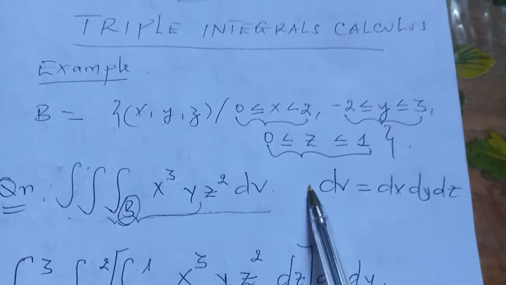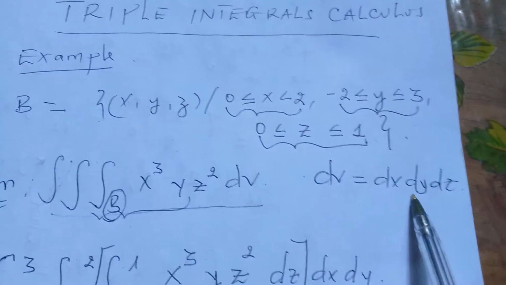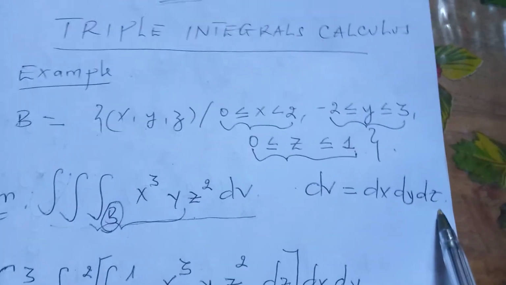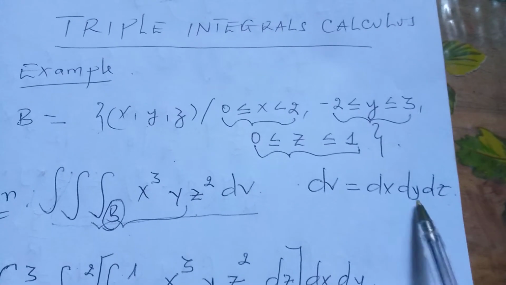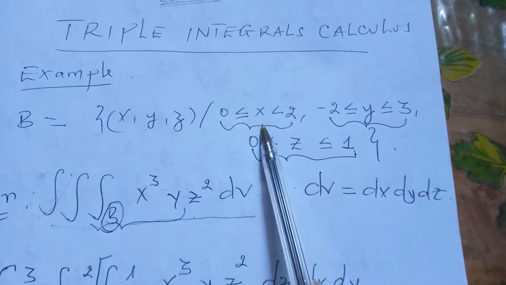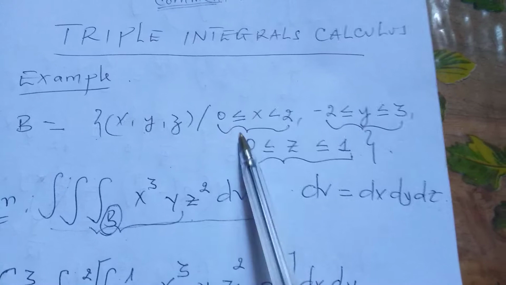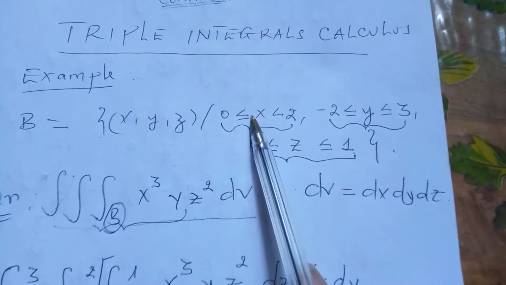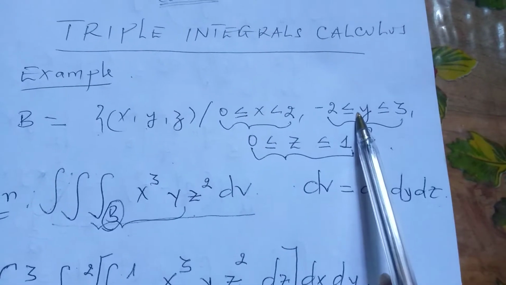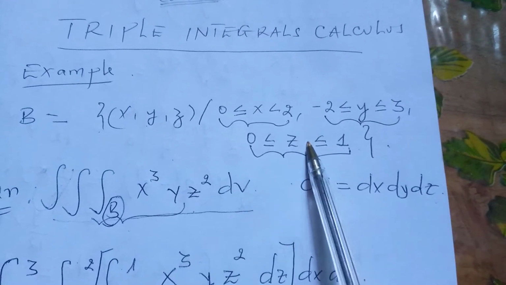First, you have to know that dV is equal to dx dy dz, which comes from x, y and z. So these are the intervals to be integrated with respect to x, with respect to y, and with respect to z.